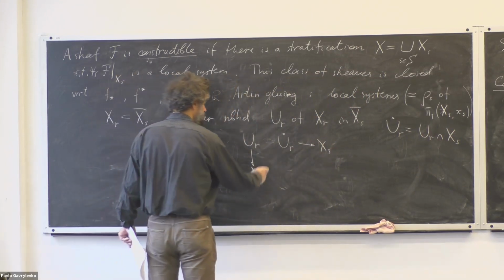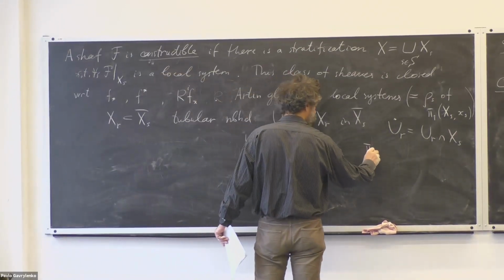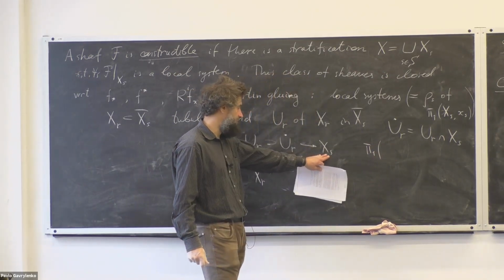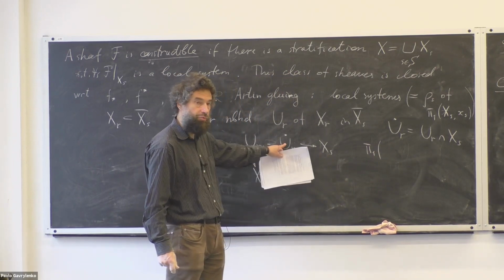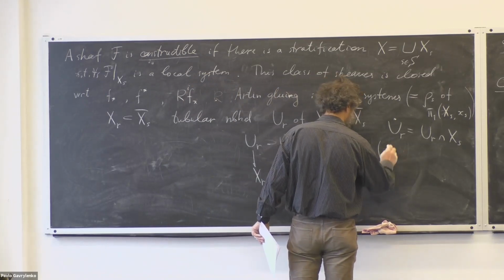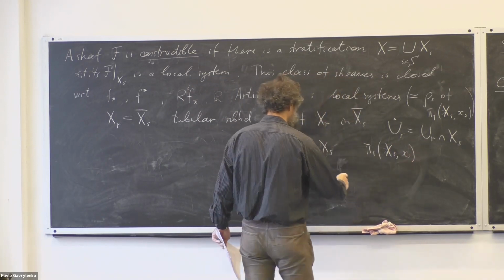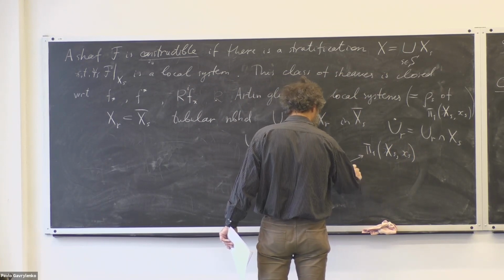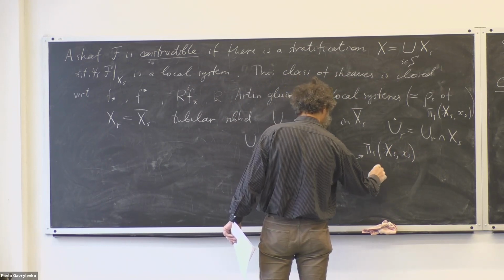Okay, and you have the fundamental group. Let's assume that the base point for this bigger stratum lies very close to the smaller stratum in its tubular neighborhood. Okay, then there is a morphism from the punctured tubular neighborhood fundamental group to here.